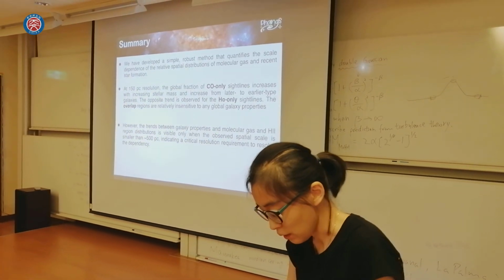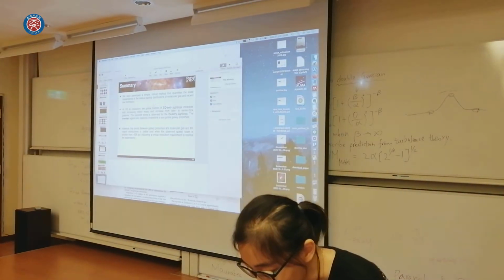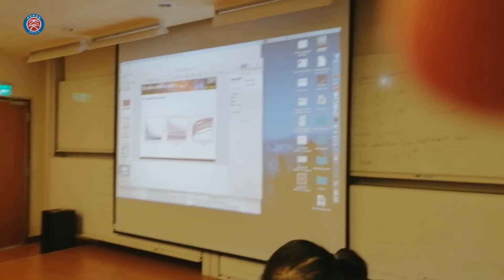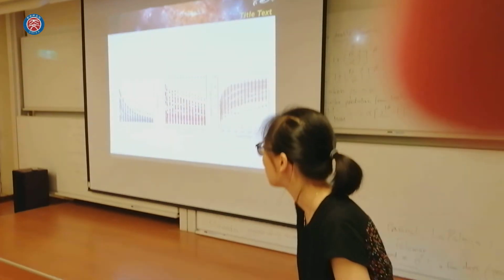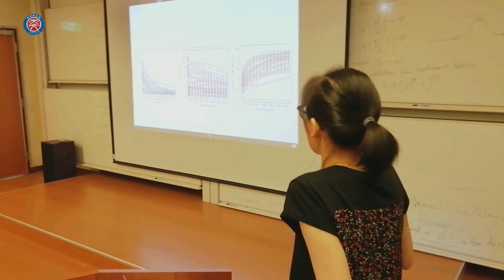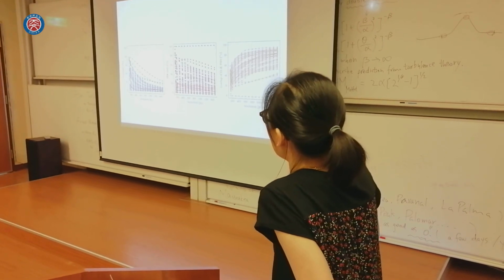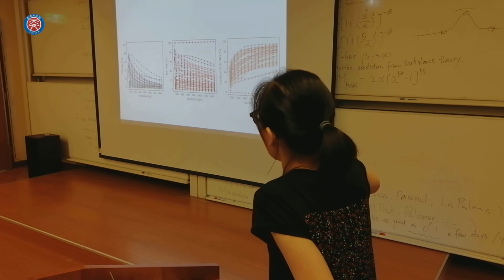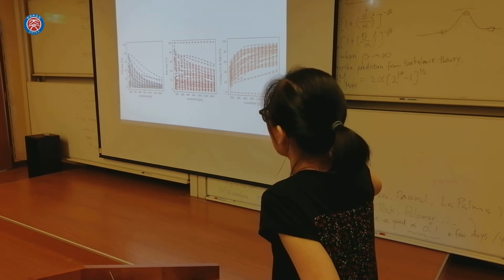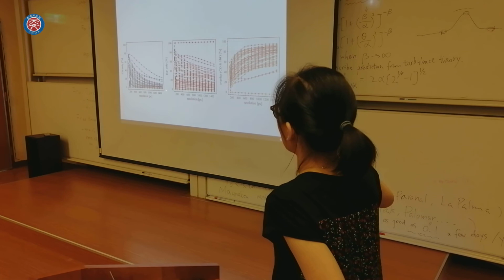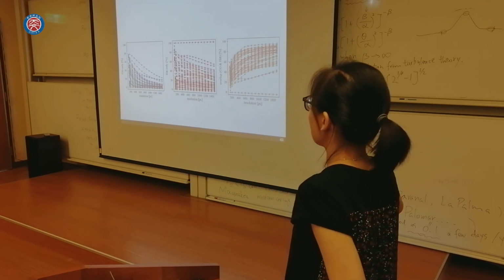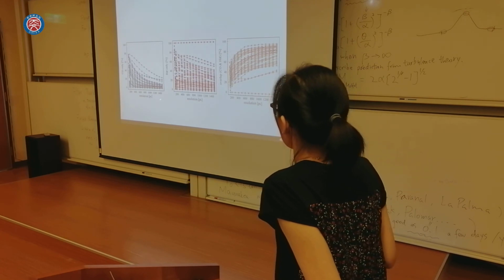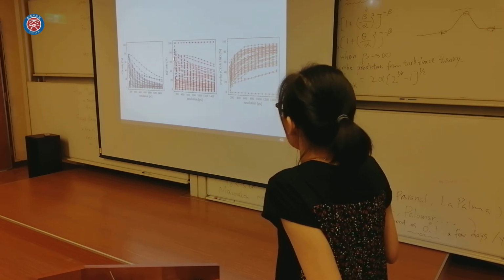Oh, I have a plot I didn't show. I have values here. For the CO only, on average it was 40% at the best resolutions we use, and then it decreases to about 10% at 1.5 kpc resolution.